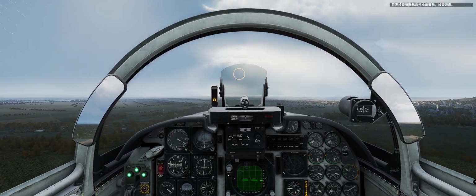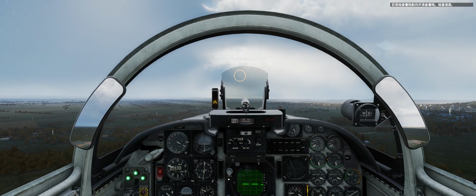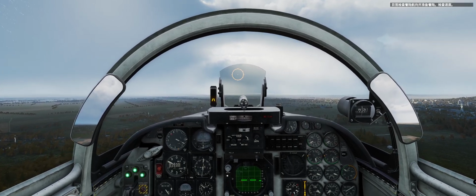Check the landing course visually and prepare for landing. Check your speed.